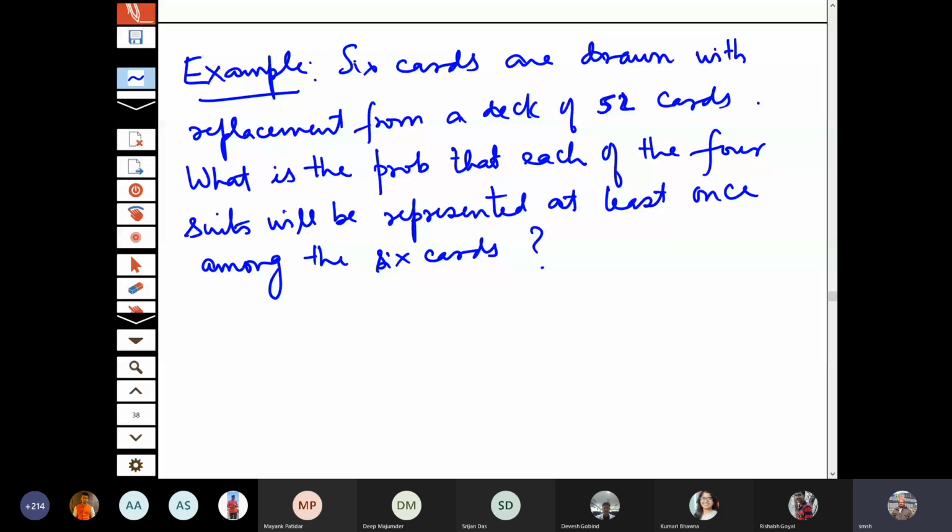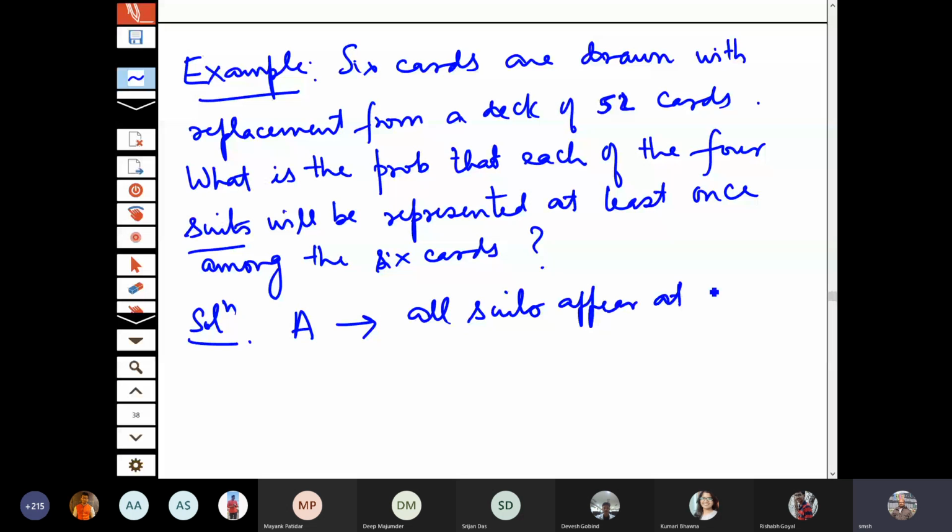So let us look at the solution here. A is the event that all suits appear at least once.